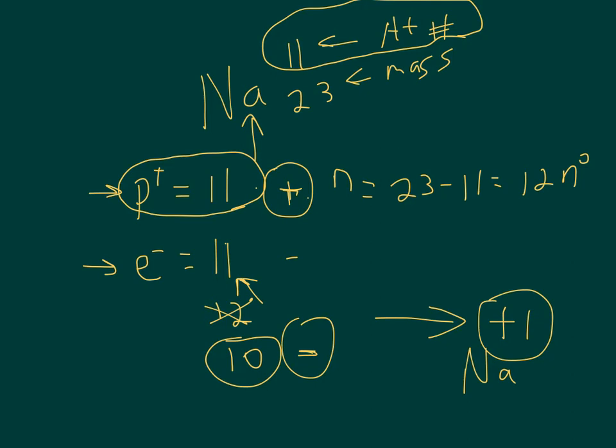And so if I were filling in a chart for this particular element, I would say sodium +1 has 11 protons, 10 electrons, and it does not have any effect whatsoever on the neutrons. So you would still have your 12 neutrons, because the neutrons do not change the charge at all. And so that's how you do this.